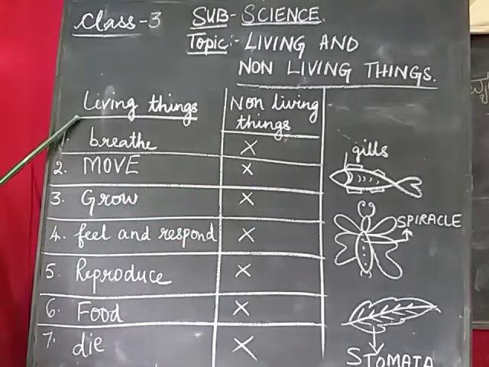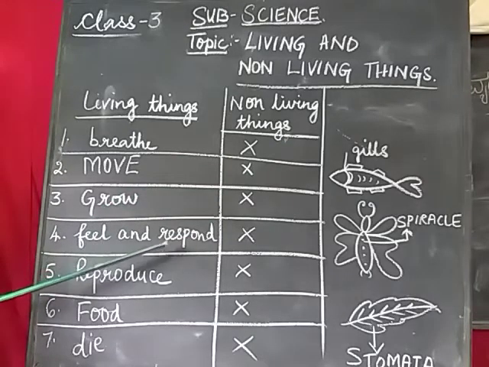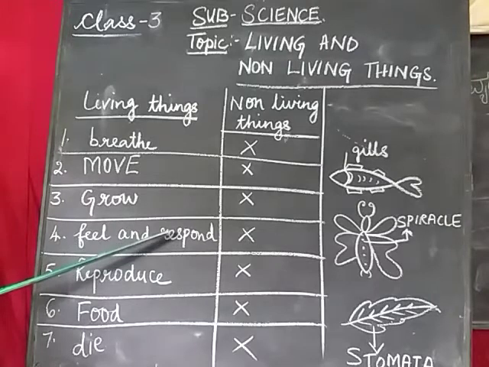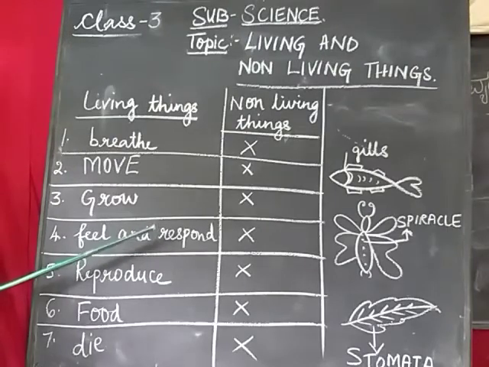Living things feel and respond. What is the meaning of this? Feel means if your father shouts at you, you will feel very bad and you will start crying. That is, you feel sad. And respond. Respond means, for example, somebody is throwing a ball towards you and you catch that ball.